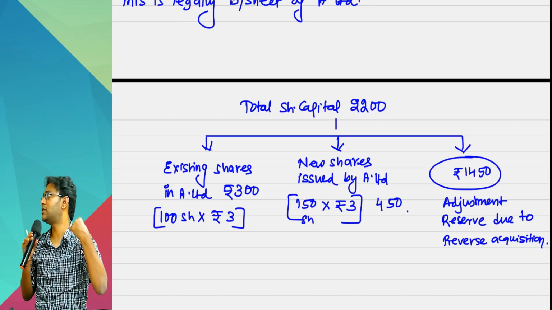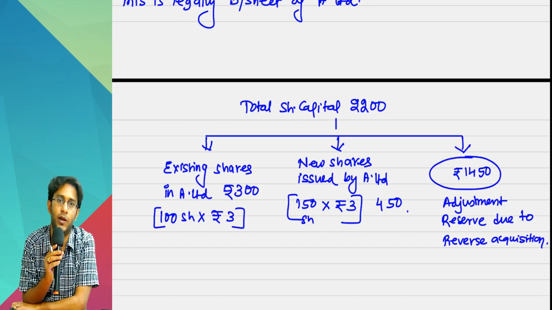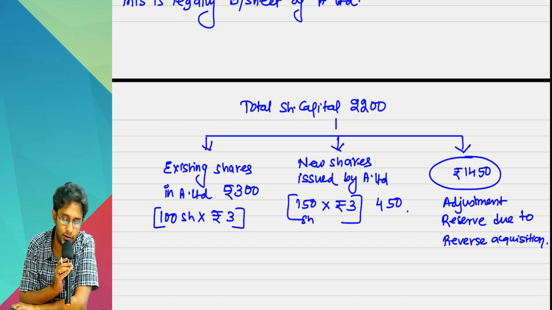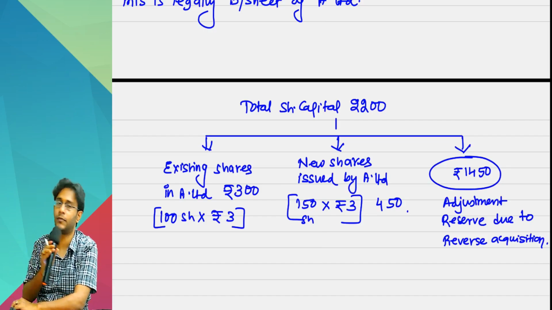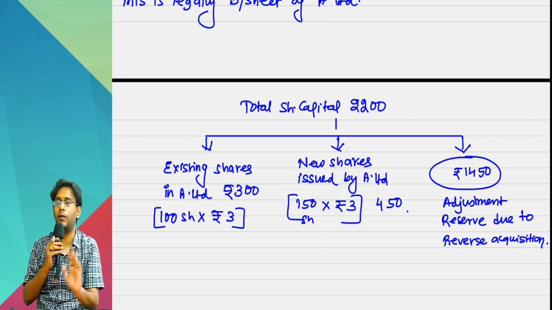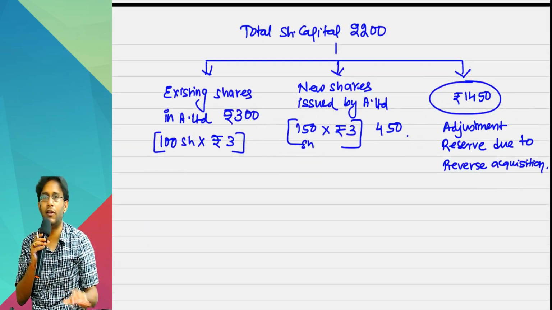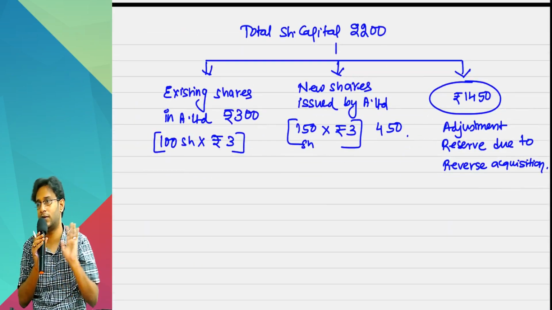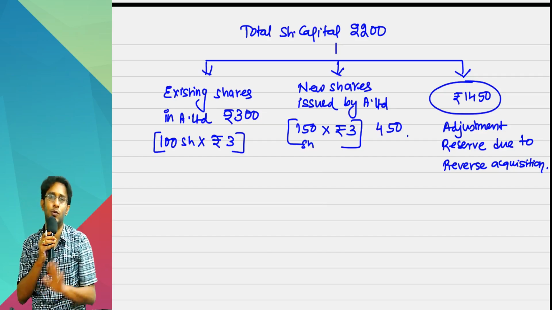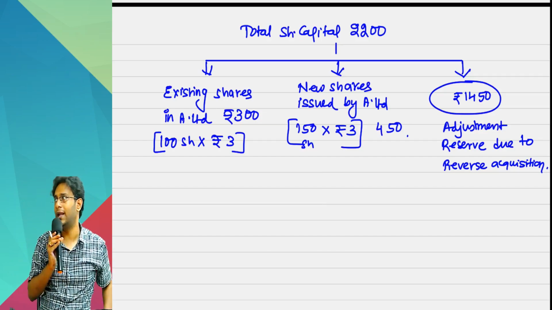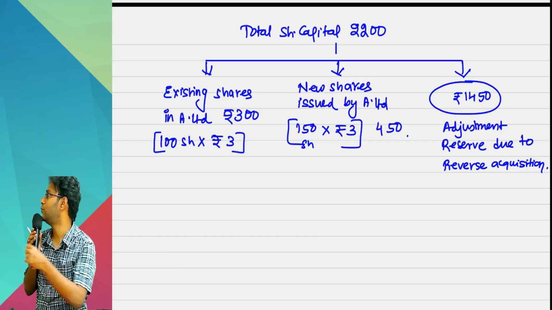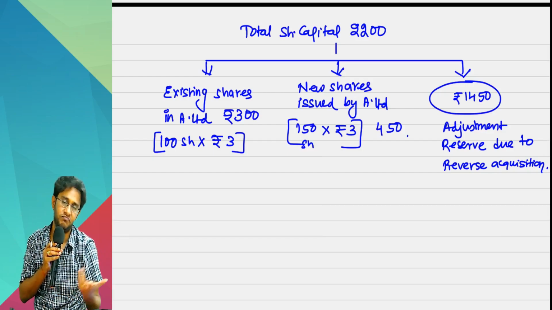So the legal share capital must be explained, sir, to the reader of financial statements. So you have to do this extra note. The ICAI did not give it. So if you do not write it, nobody cares. If you write 2200 there, even if it's a balancing figure, you'll get full marks for that, because the ICAI answer is only like that. But for A Limited's balance sheet, ideally you should give this for better disclosure. That's it.